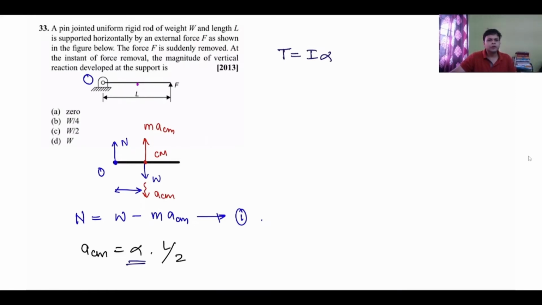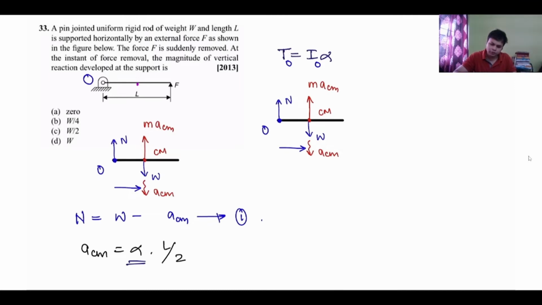Let me calculate the torque about point O and the moment of inertia about point O. So what is the torque about point O? Can you tell me?